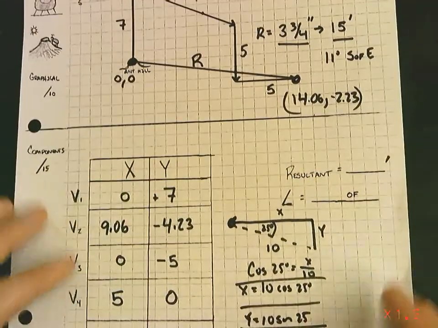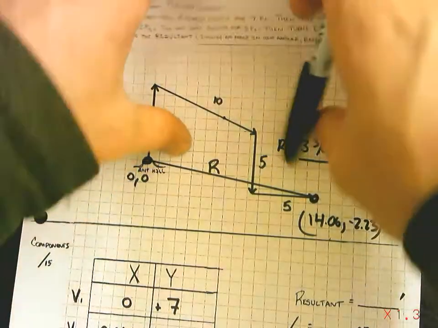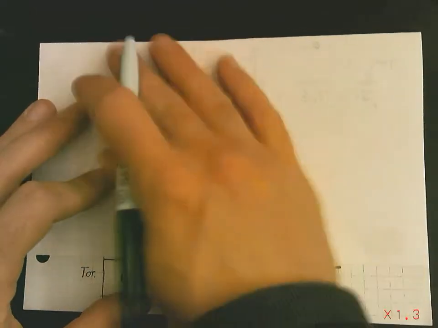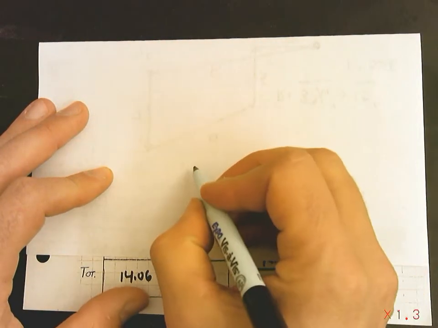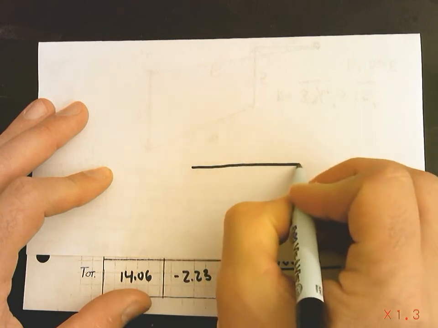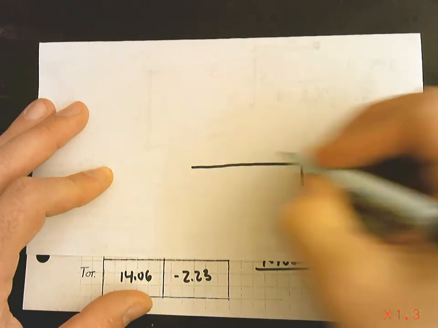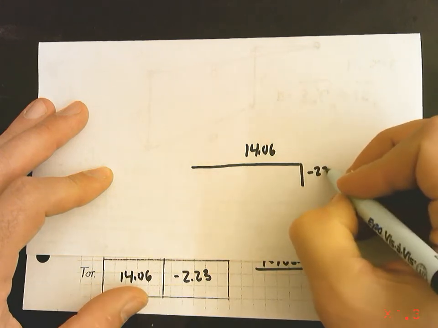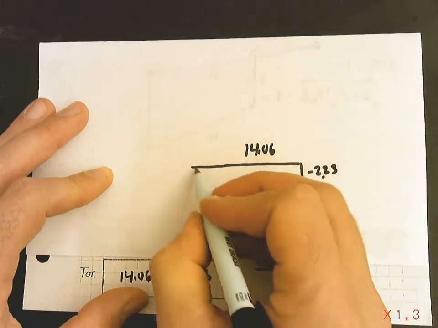So what can we do with those? Well, we can take these endpoints and make a new triangle, and we can find out what the resultant was using math. Once again, we went over in the x 14, and then we went down 2. So I have 14.06 here for my x and negative 2.23 here for my y.